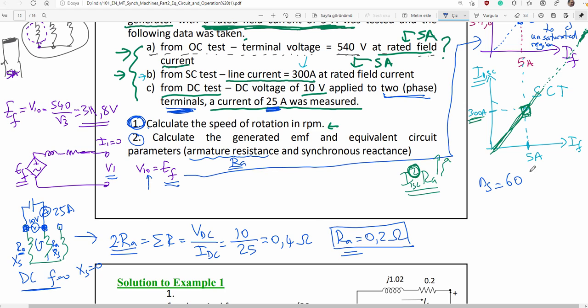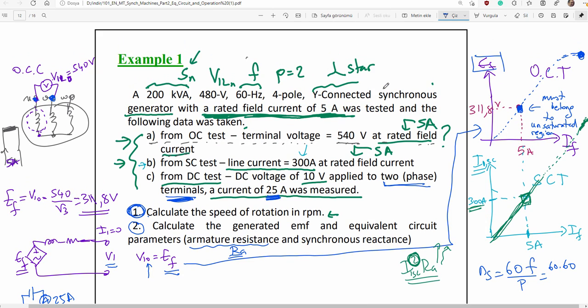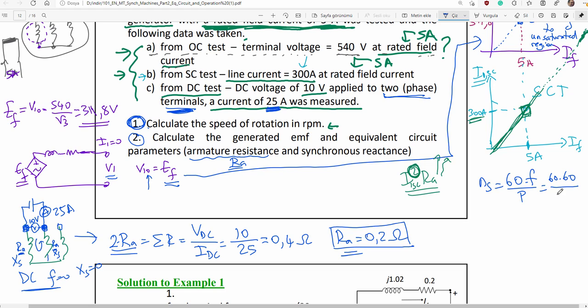Ns is equal to 60 f over pole pair number. 60 times 60, since frequency was 60 Hertz, over the pole pair number. There were two pairs of poles, 2. So Ns is equal to 3600 over 2, which makes 1800 RPM. That is the speed we have found.